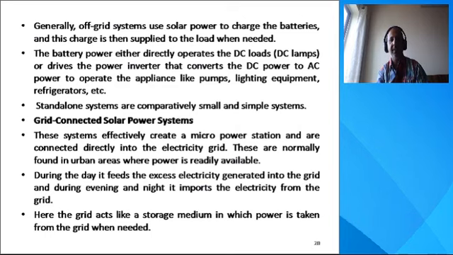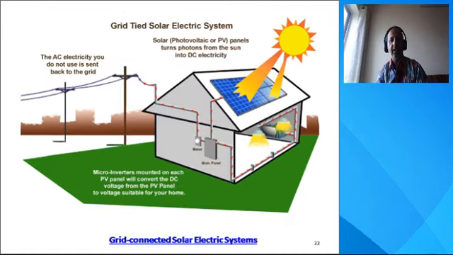The second type of system is the grid connected system. We can see here one grid connected system, in which a solar array is placed here, which is producing electricity. Then electricity with the help of a control panel flows through and supply is fed back to the grid like this.